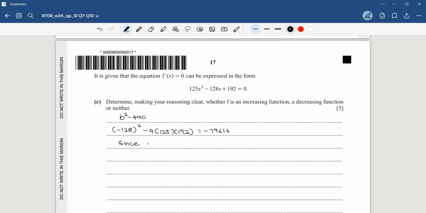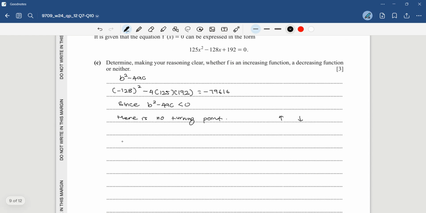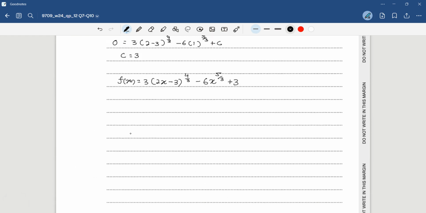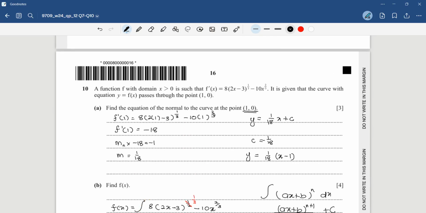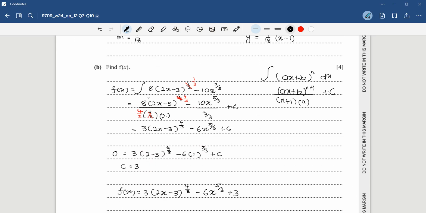So since b square minus 4ac is less than 0, there is no turning point. So it's either always increasing or always decreasing because there is no turning point. So here the domain given is x more than 0. So we just sub in.